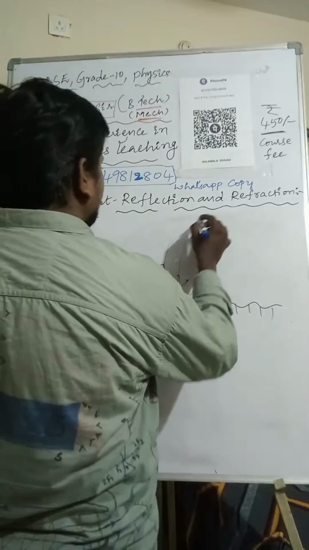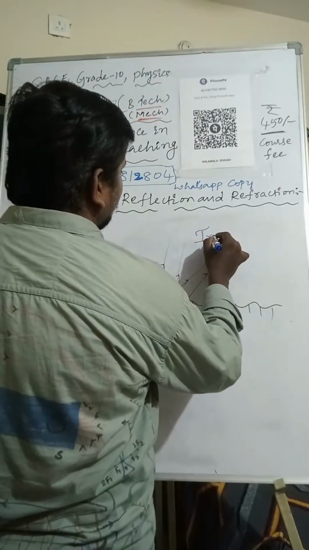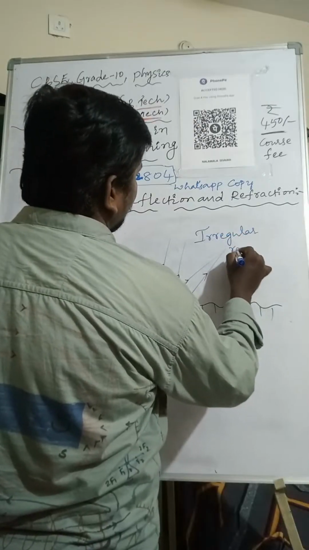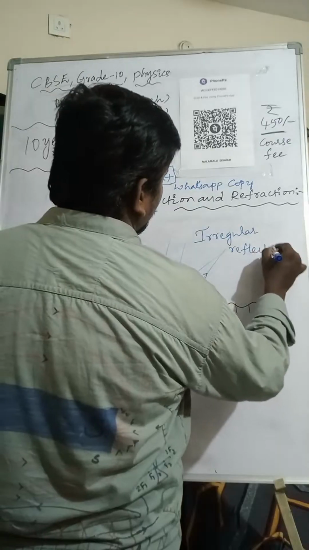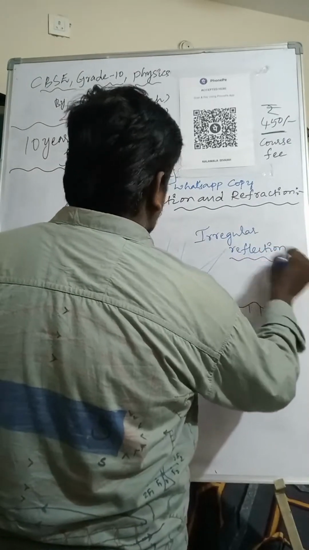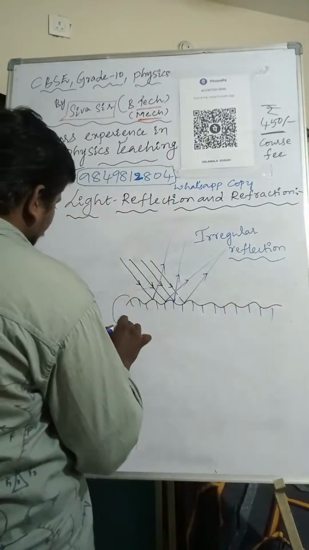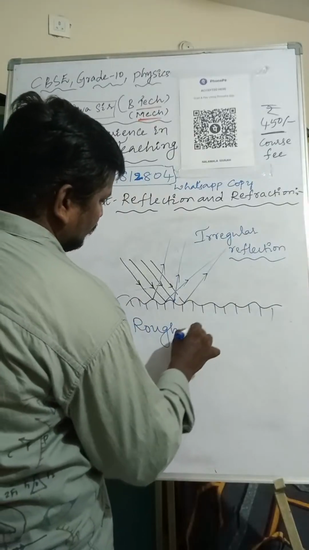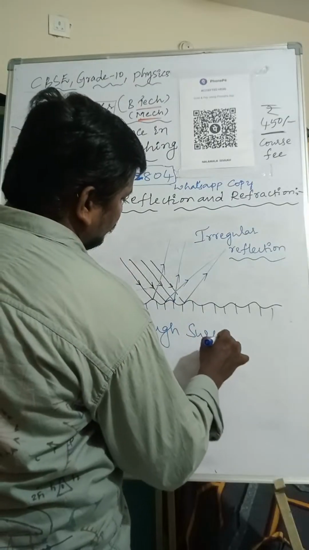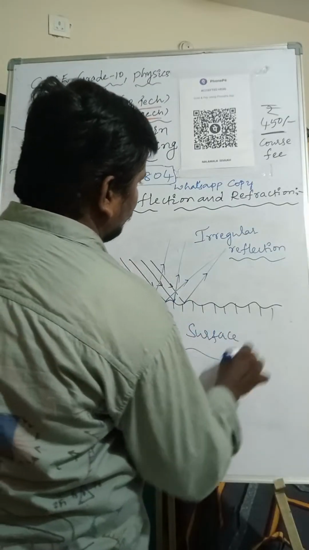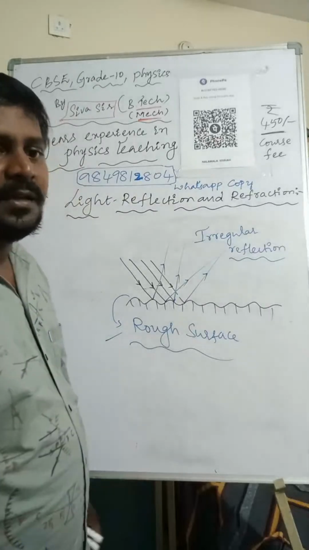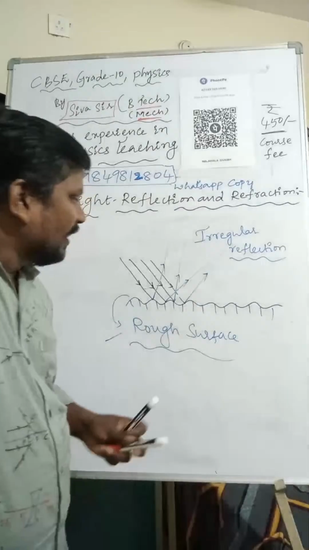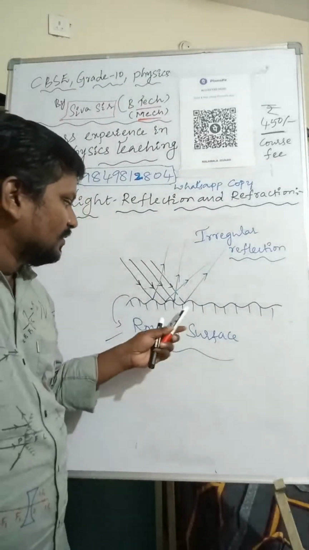So this is irregular reflection, on a rough surface. Here I am taking this rough surface.